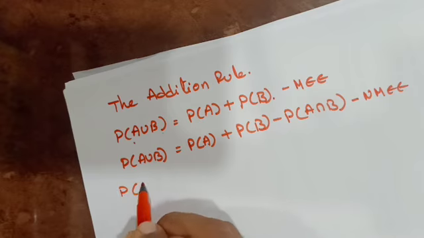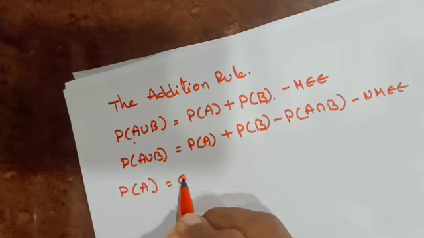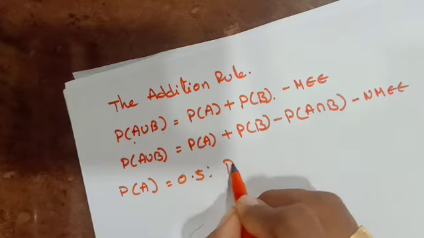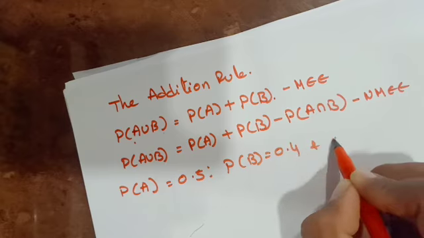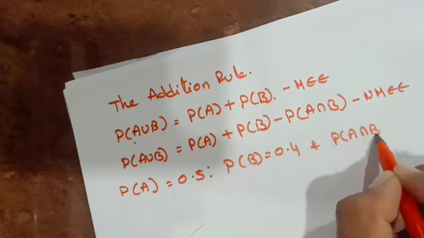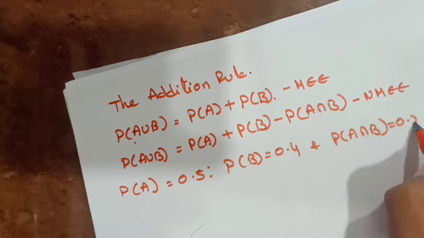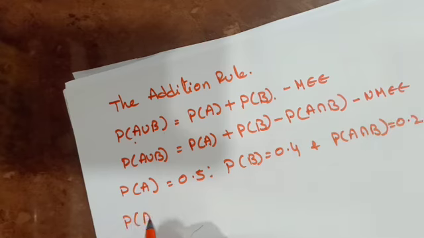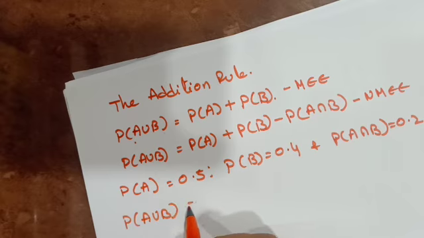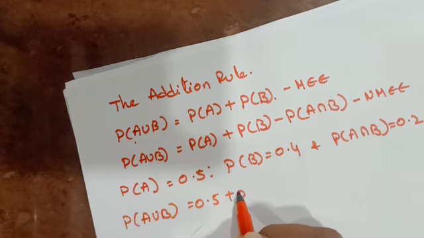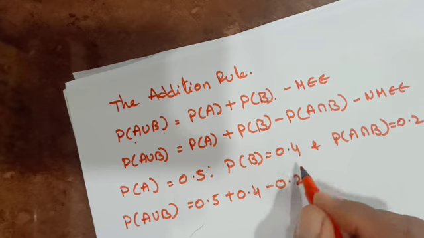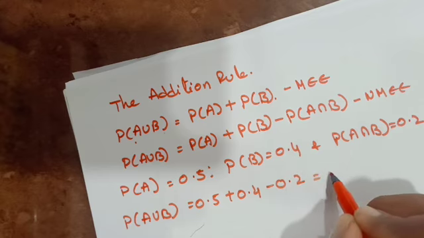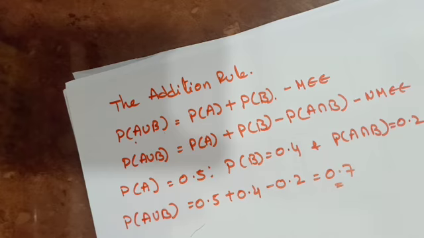By taking a numerical example, if P(A) is 0.5, P(B) is 0.4 and P(A intersection B) is 0.2, then P(A union B) is 0.5 plus 0.4 minus 0.2, which equals 0.7.